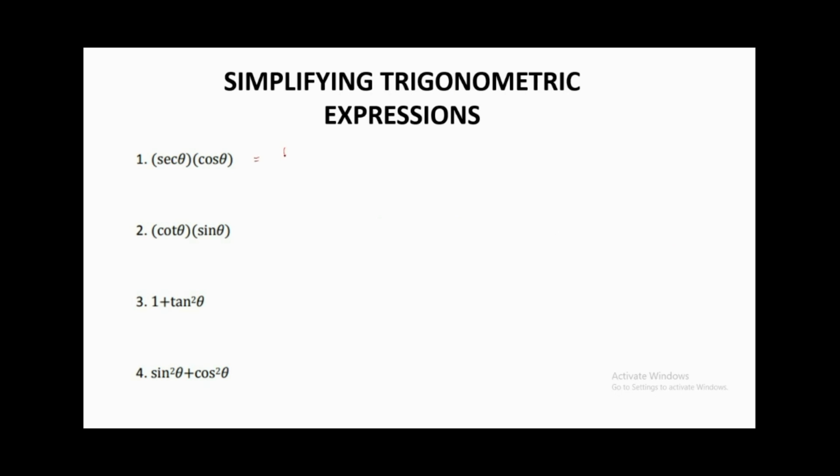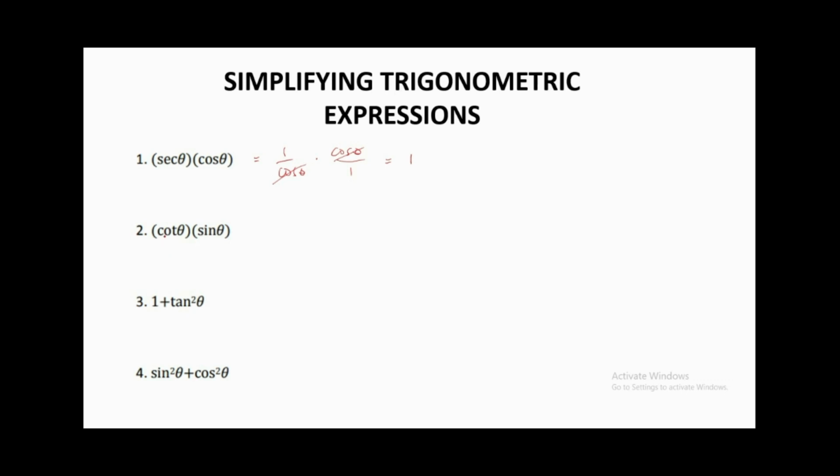So that will be 1 over cosine theta times cosine theta over 1. Therefore, we can cancel this out, and the simplest form of this expression is 1. So secant theta times cosine theta is equivalent to 1.